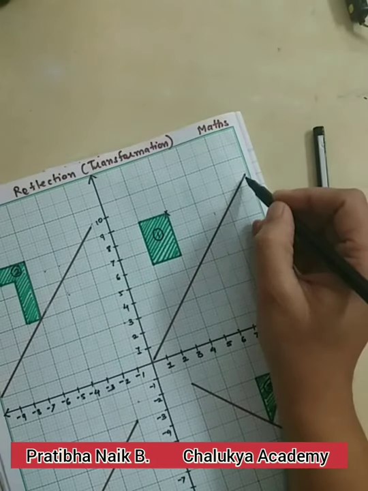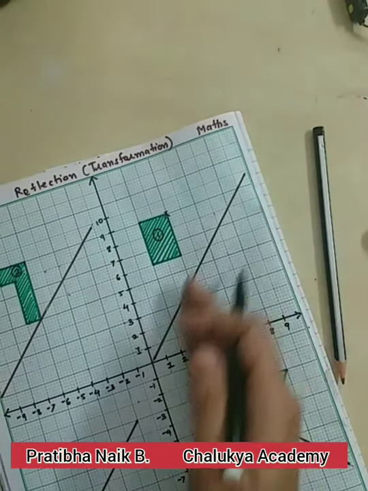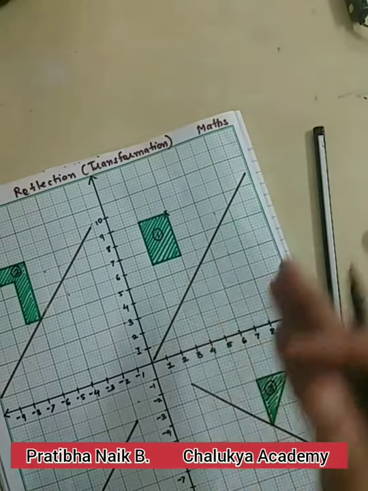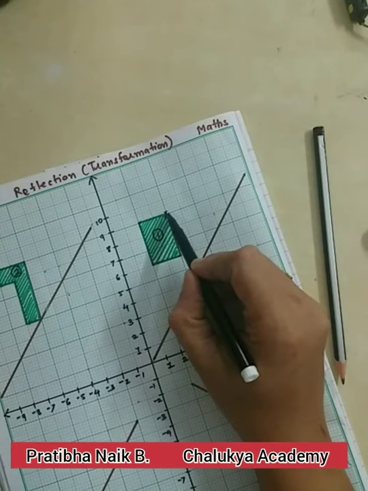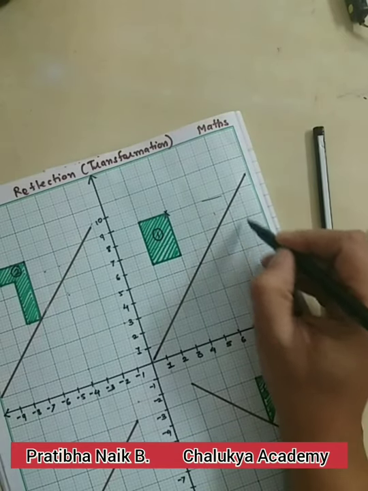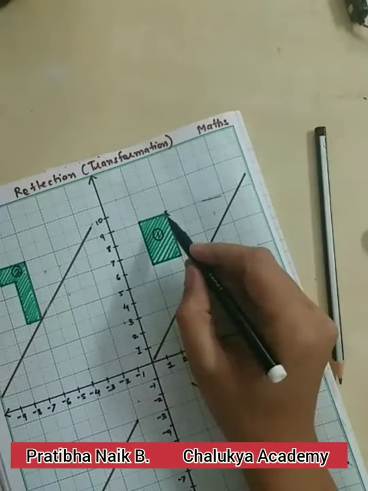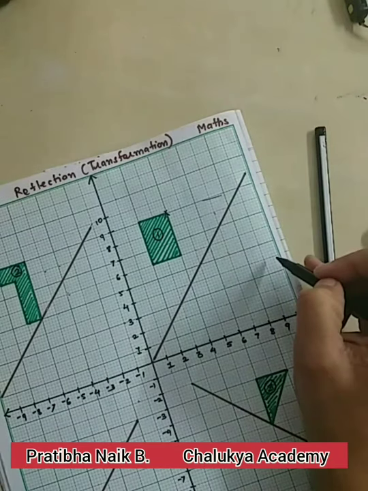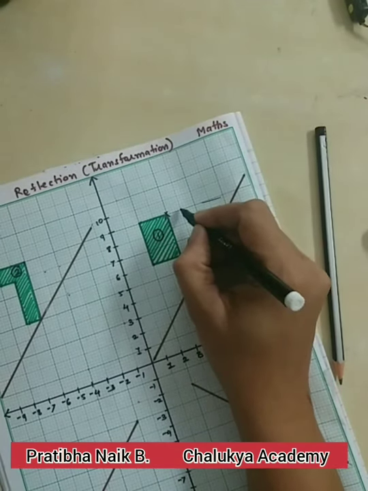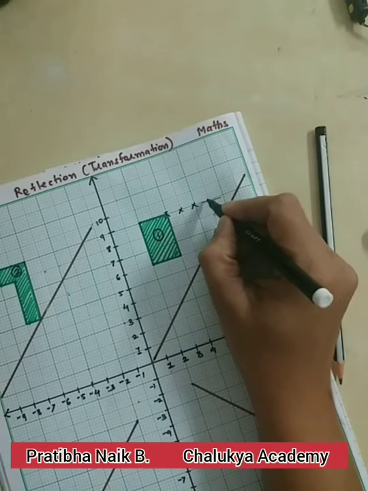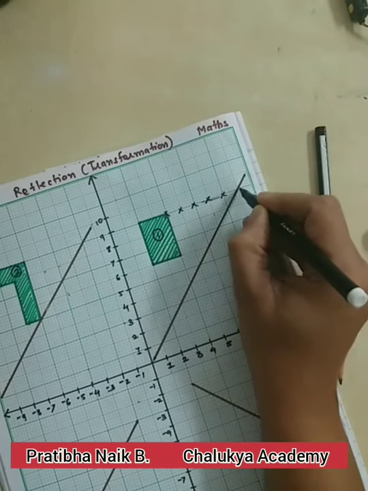Whenever the mirror line is diagonally situated with respect to the axis, you have to move horizontally first and then vertically, or first vertically and then horizontally. Now here I am moving first horizontally. So let's count 1, 2, 3, 4, 5.